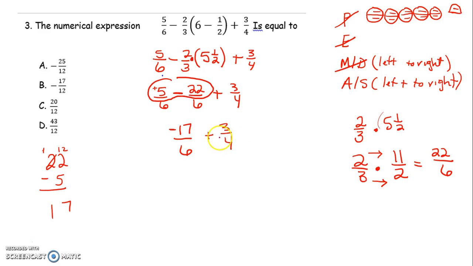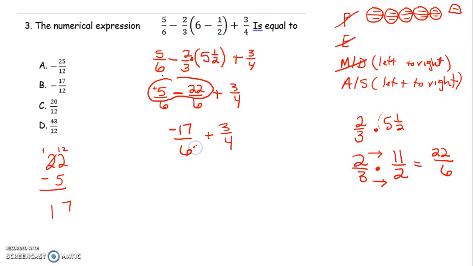Again, if we want to be able to add these, we need a common denominator. There's lots of common denominators you can come up with between 6 and 4, but I know they both go into 12. So I'm going to choose 12. Another good reason to choose 12: if it's multiple choice and all the denominators are 12, it tells me probably 12 is a good common denominator.